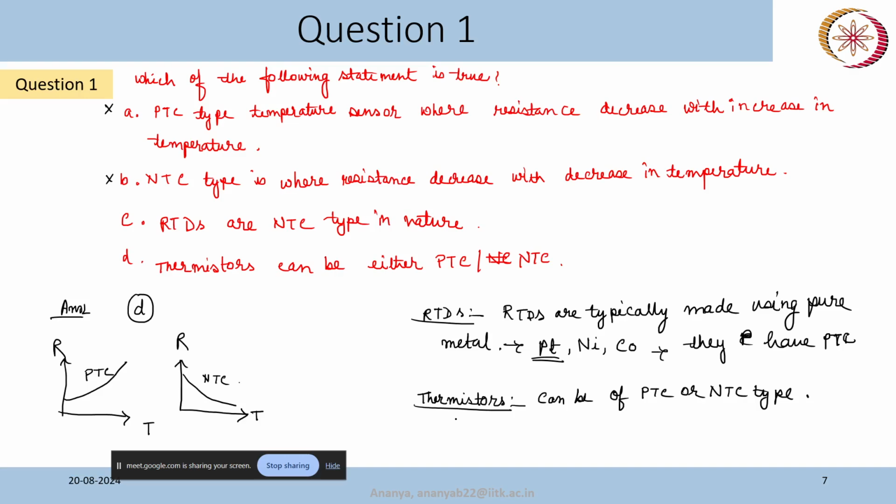You know what a fuse does in an electrical circuit. So PTC type thermistors are mainly used as a reusable fuse in electrical circuits, whilst most of the thermistors used as temperature sensors are NTC type. So thermistors can be either PTC or NTC type.